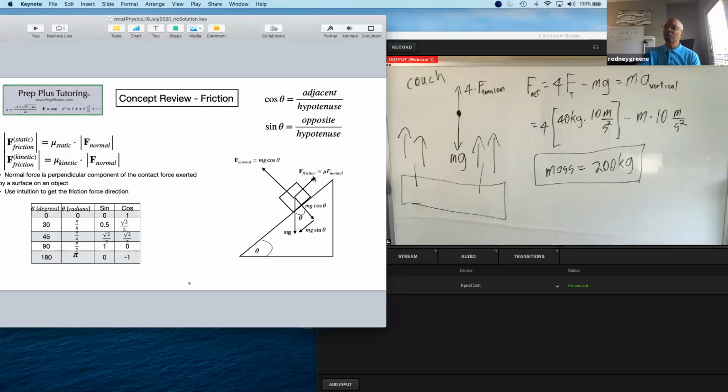And so this arrow should be in the opposite direction, a force of friction that's going down and against it.